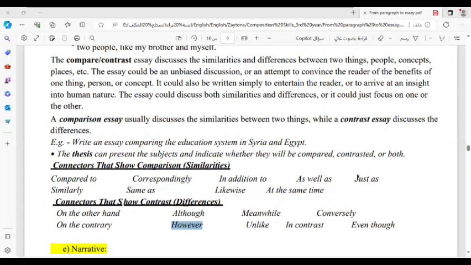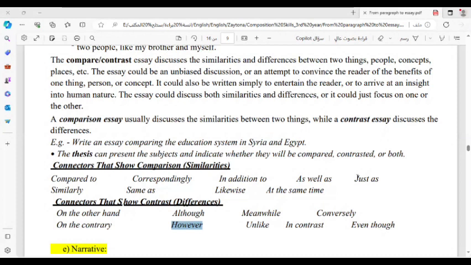You can put here a full stop or semicolon. Meanwhile, after meanwhile, you need to use a comma. Meanwhile, the salaries of female or women, for example, are lower. So you have here two opposite ideas. Is it clear? Yes, it's clear.